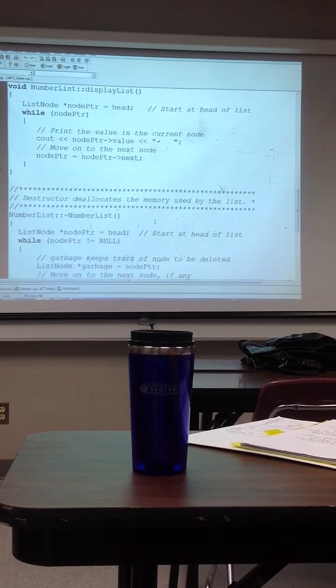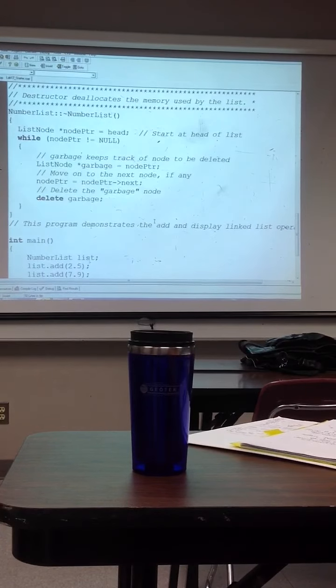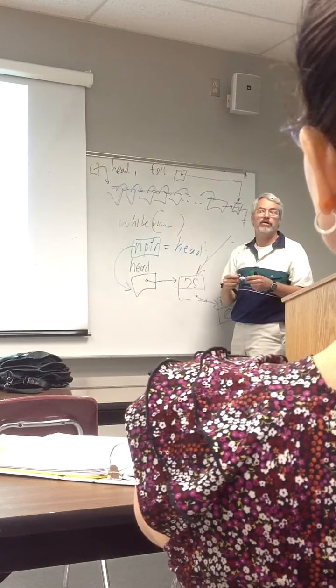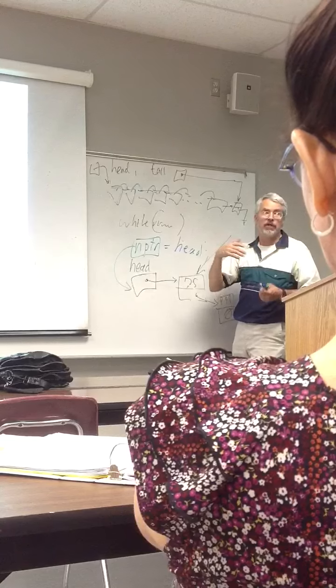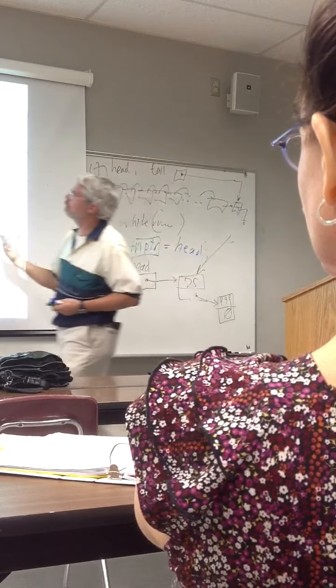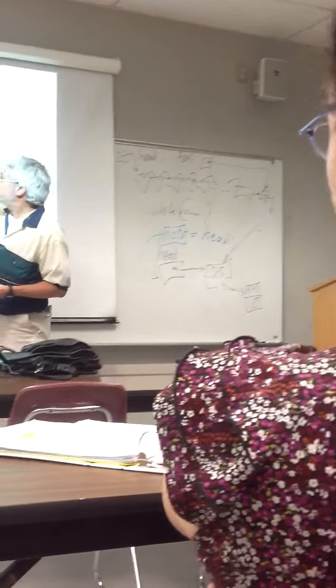The destructor actually has to do a fair amount of work, because if I have a linked list of several thousand of these, I have to remember how new goes with delete. If I don't do a delete, I'm going to have a memory leak. Every new should be followed by a delete. So if I'm going to get rid of my entire list, I have to be careful.